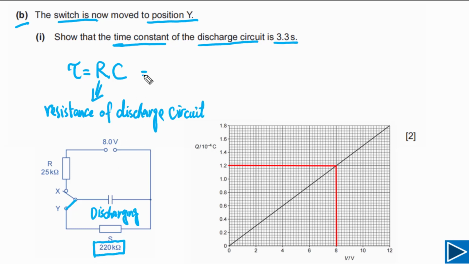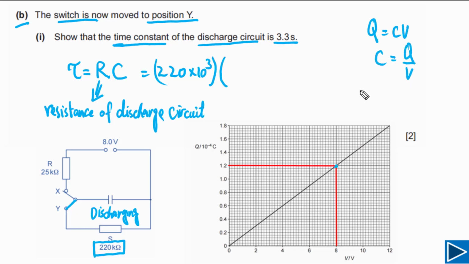So simply we can use here R is equal to 220 kilo ohms. So this is the value of R. Now we need to calculate the value of C as well. But Q is equal to CV. Simply we can say C is equal to Q over V. C is equal to the charge on one plate of the capacitor divided by the potential difference between the plates.